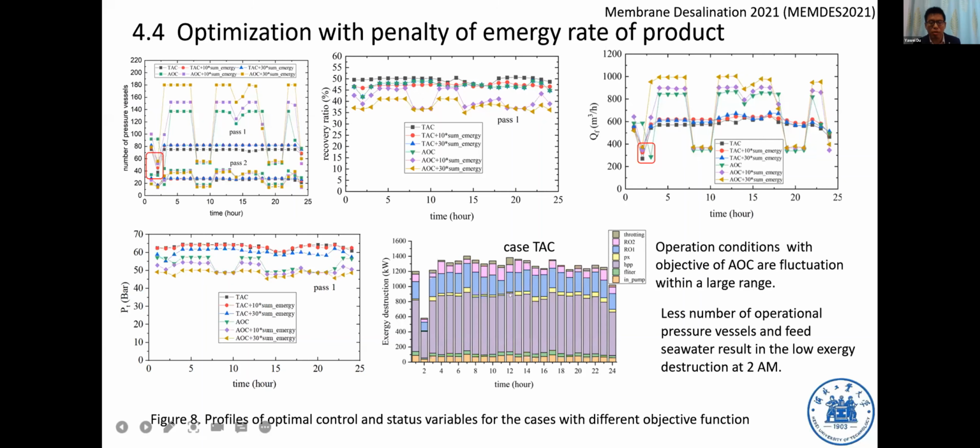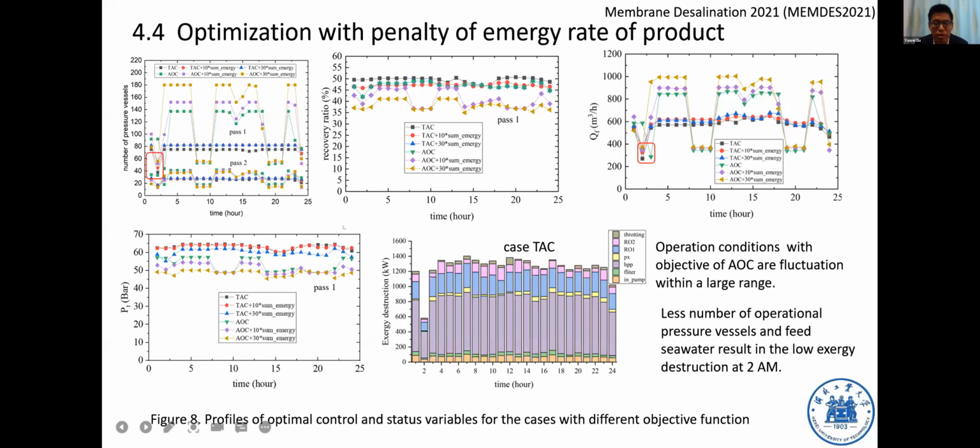Here is a figure of the exergy destruction breakdown during this time for the case with the objective of total annualized cost. We found that fewer operating pressure vessels and lower feed flow rate of seawater result in the low exergy destruction at 2 a.m.